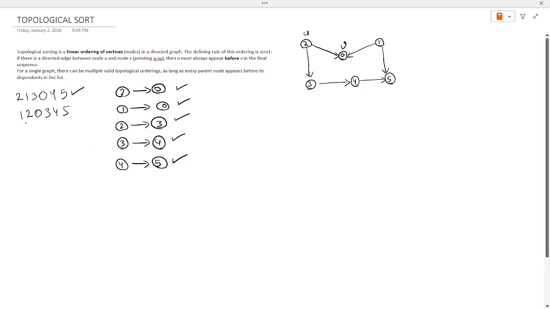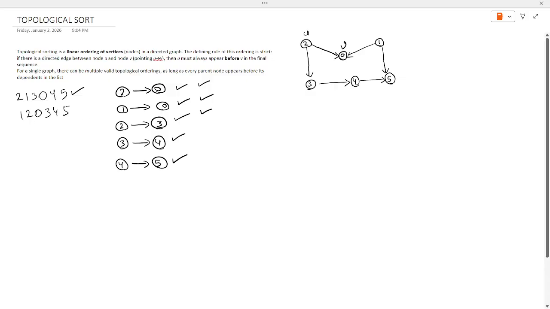Okay, now let us consider the second example. If I consider the edge 2 to 0, in this particular order, 2 appears before 0. So the first edge is satisfied. If I consider the second edge 1 to 0, 1 appears before 0 in this order. So the second edge is also satisfied. And if I consider the third edge 2 to 3, 2 appears before 3 in this particular order.